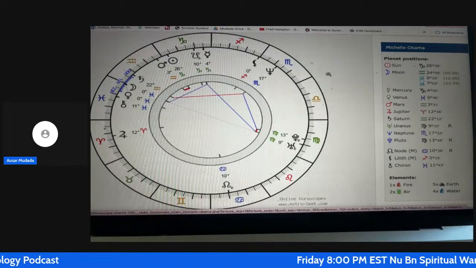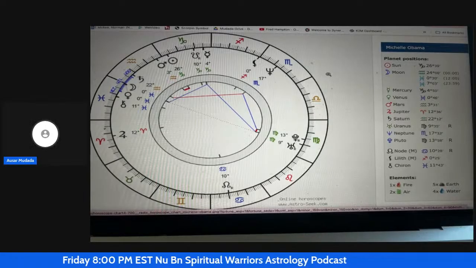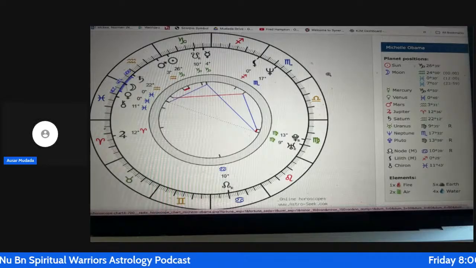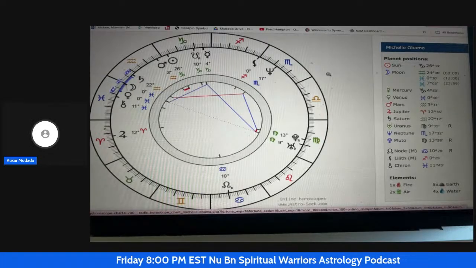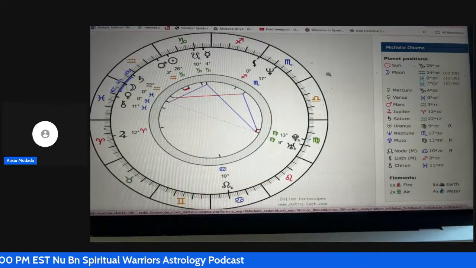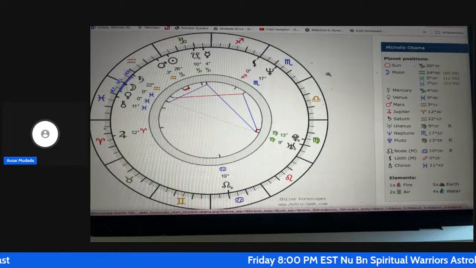I also want to let you know that you can look to the right side where you see the chart of the planets. For instance, we see that Neptune and Pluto are in the same sign. So you're looking for planets that may be in the same sign, right next to each other.